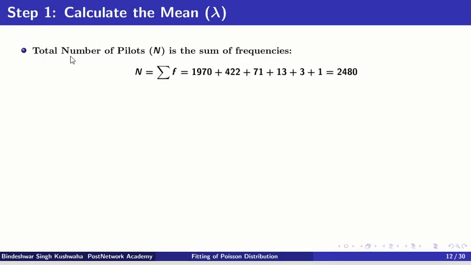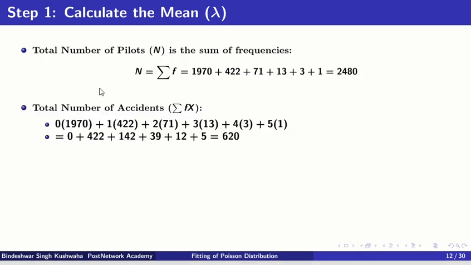So let us fit it. First of all we will add all the frequencies, so we will have 2480, and thereafter f into x, frequency times observations, so we will have 620.